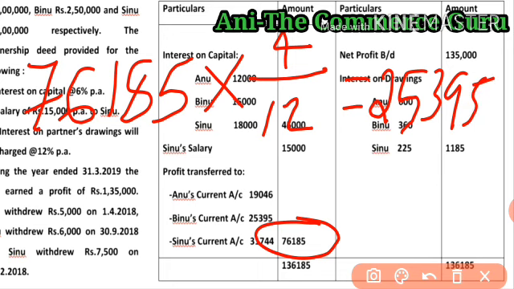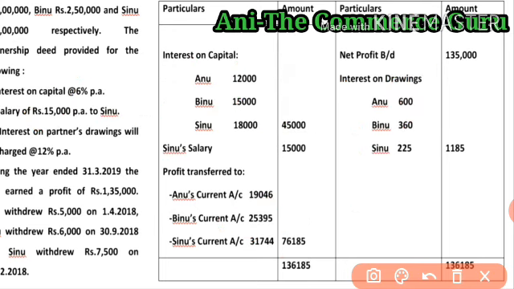That's written here and it is transferred to Binu's current account. 25,395. So Binu's share also we have calculated.